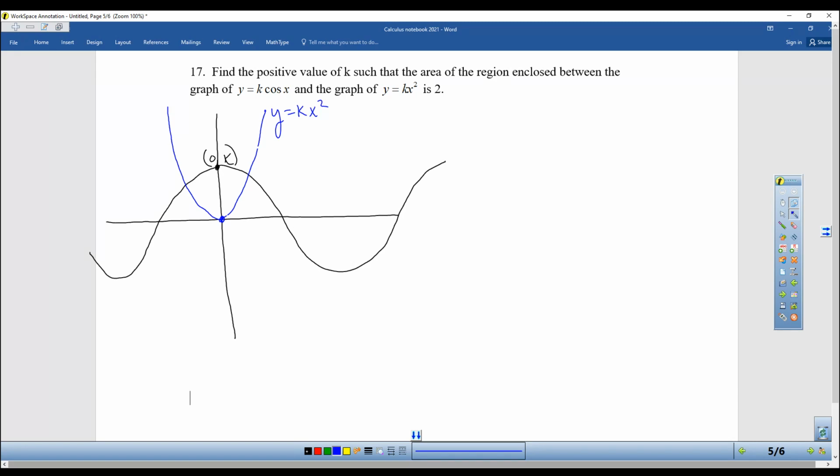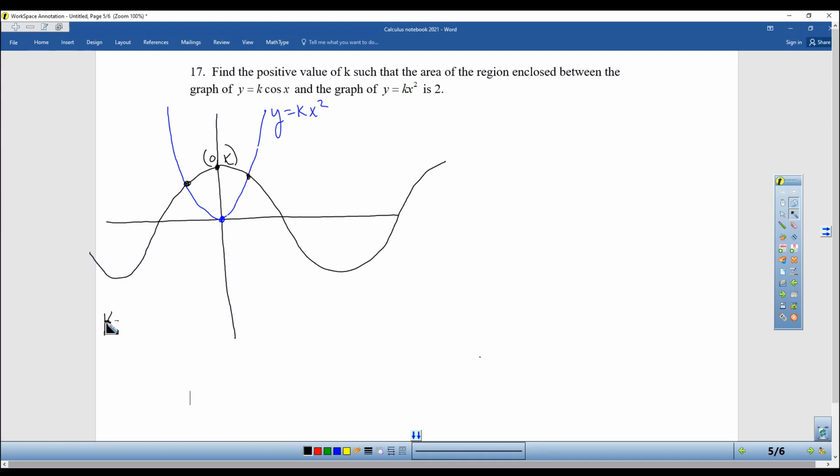So the question is, where do these graphs intersect? I need to know the point of intersection in order to do the problem. But fortunately, as long as I'm multiplying both functions by k, the point of intersection will not change.